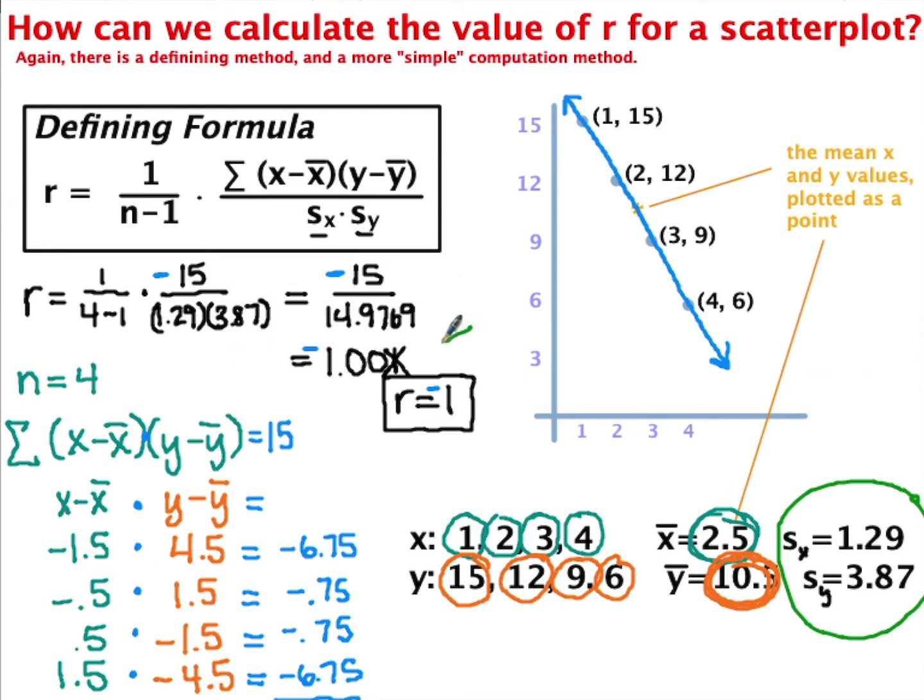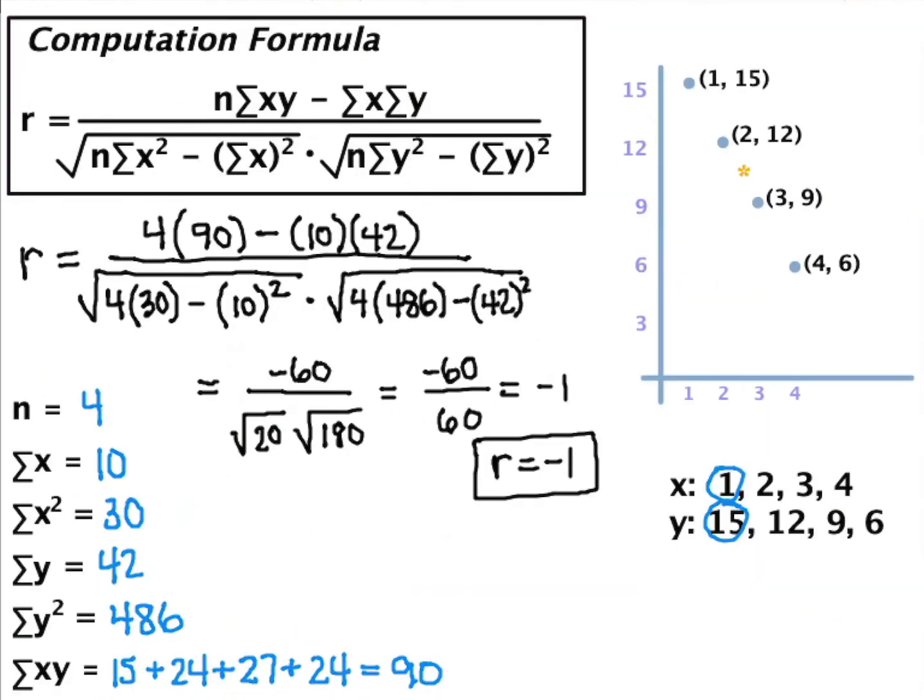So that's why we ran into the strange rounding thing at the end, where this formula doesn't use standard deviation and everything is a nice whole number because we had nice whole numbers that we were working with. So you might even say the computation formula is more precise since we didn't have to start with those rounded values. And again, that r of negative 1 just tells me that I've got a strong, not just strong, but a perfect negative correlation.